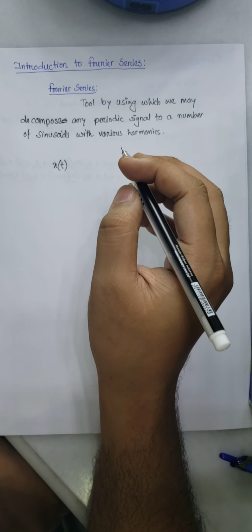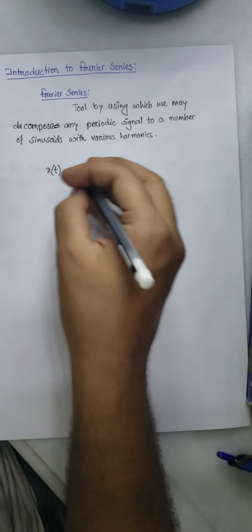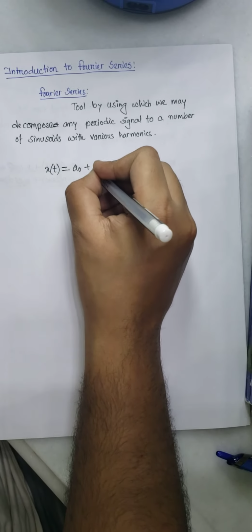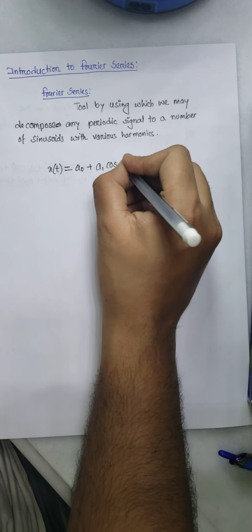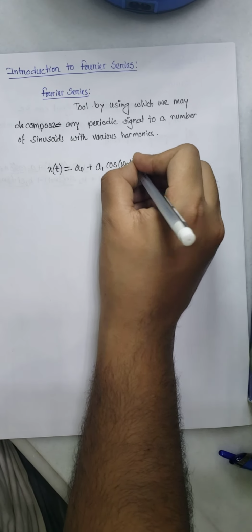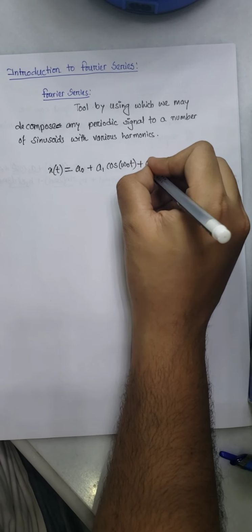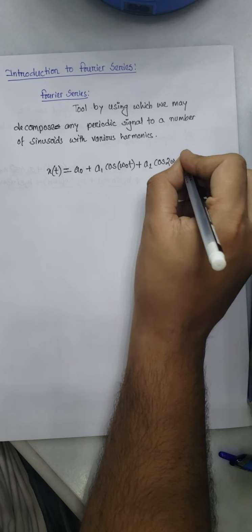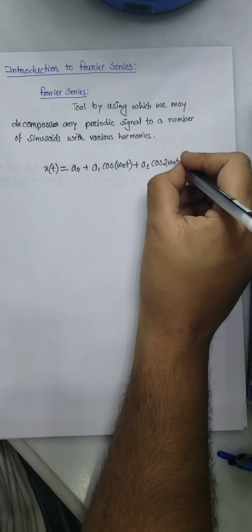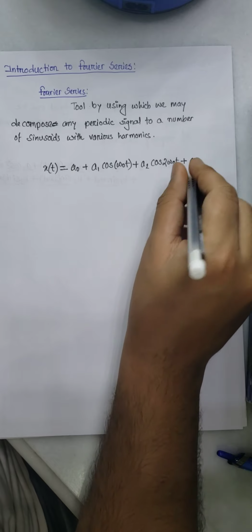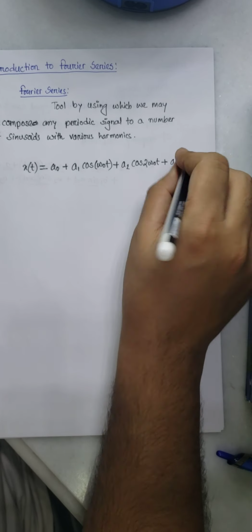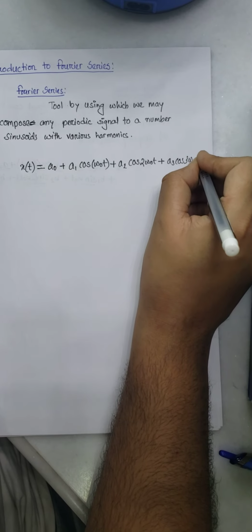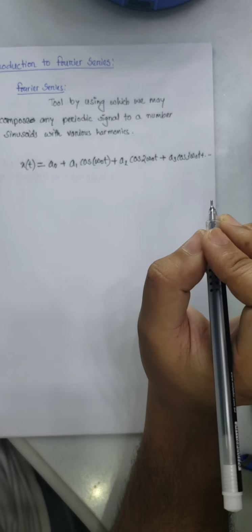It will become much more clear if we see the mathematical expression where x of t can be written as a0 plus a1 cosine of omega naught t plus a2 cosine of 2 omega naught t plus a3 cosine of 3 omega naught t, and this goes on, so and so.